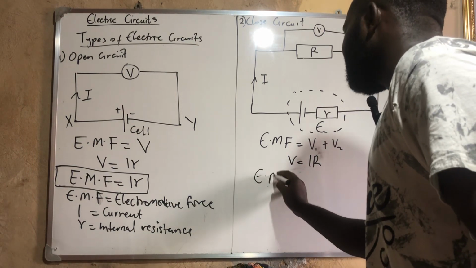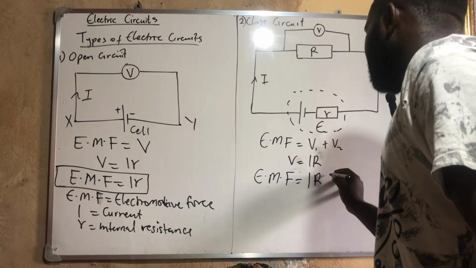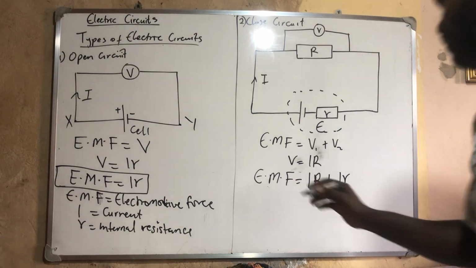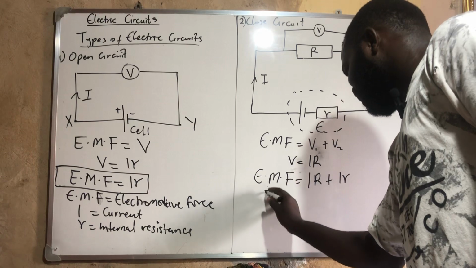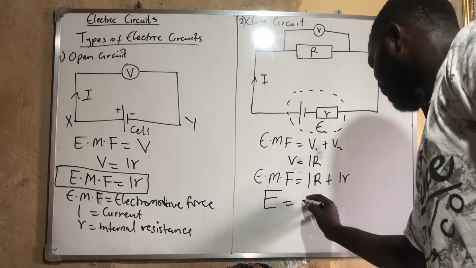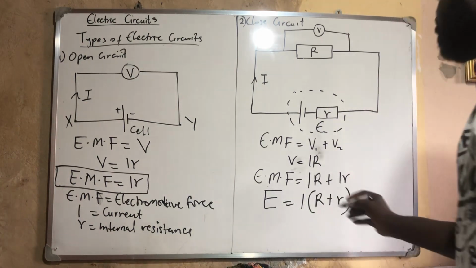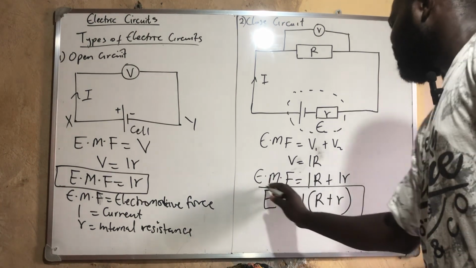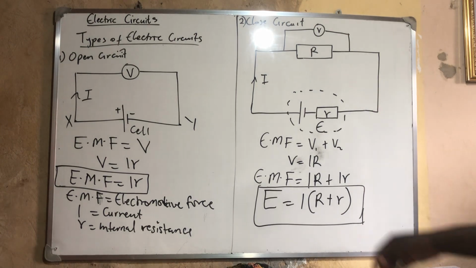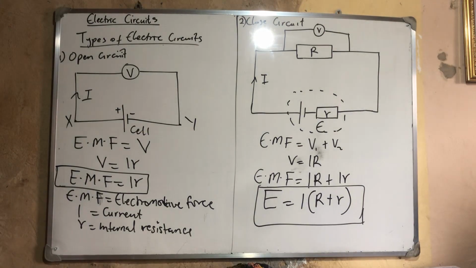So the EMF here is equal to I big R plus I small r, because we have two resistors here. So my EMF, let me represent it with capital letter E, since the same current flows everywhere, is I in bracket R plus small r. This formula is very important. This is how to calculate the EMF of a closed circuit. For an open circuit, there is no external resistance.